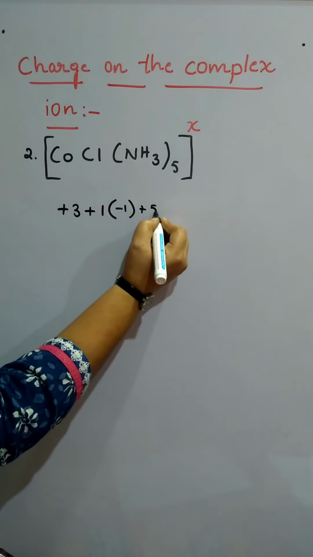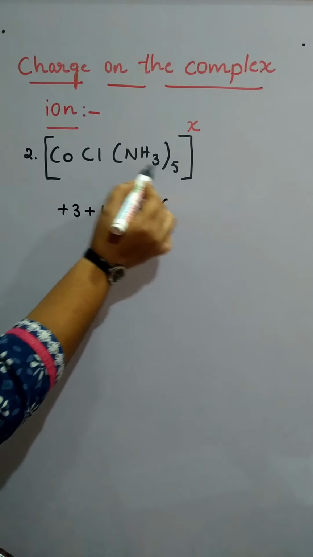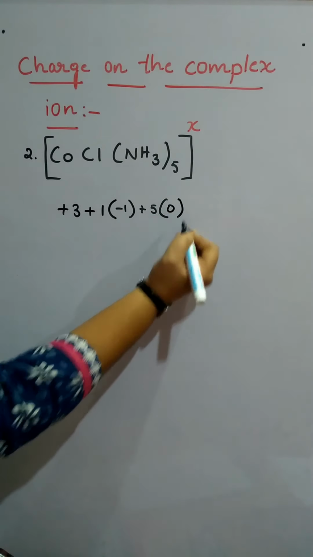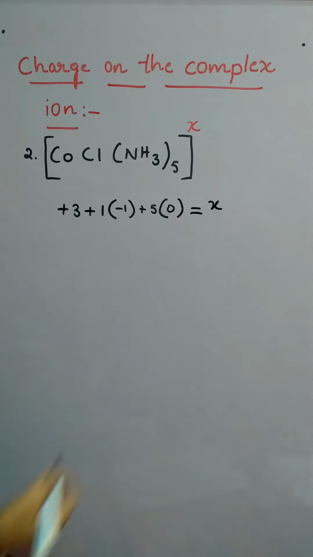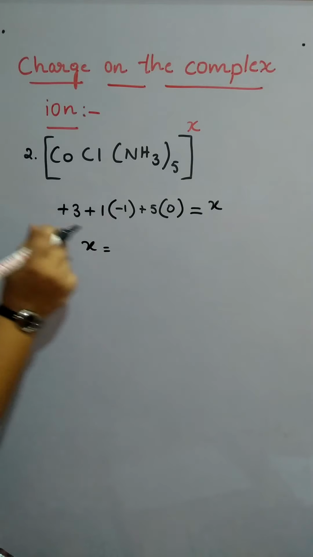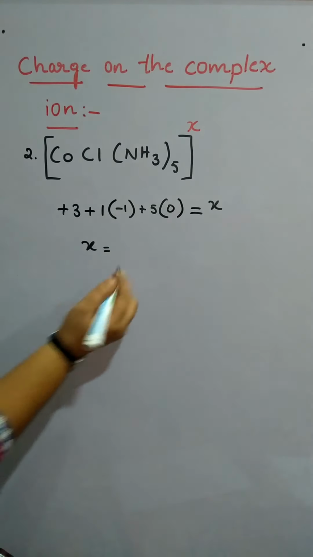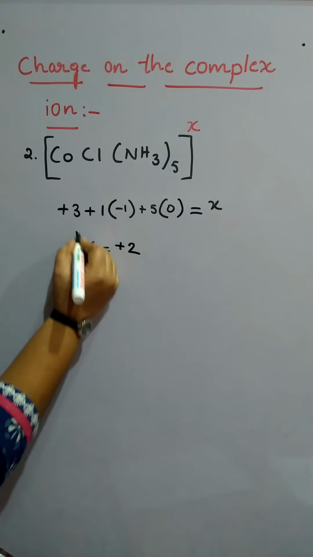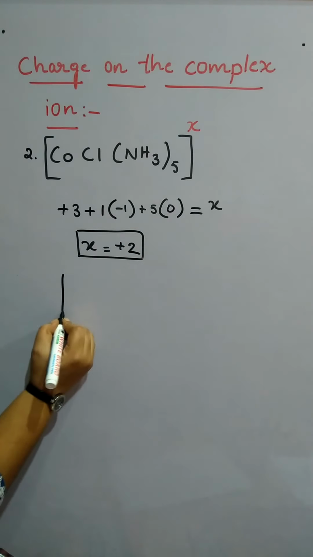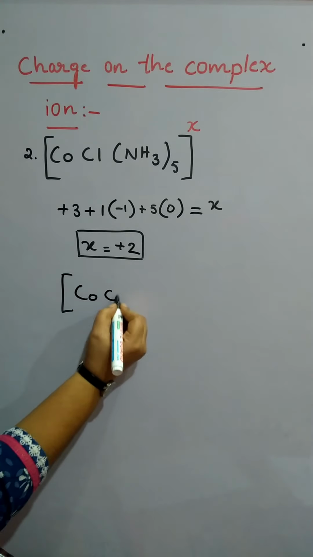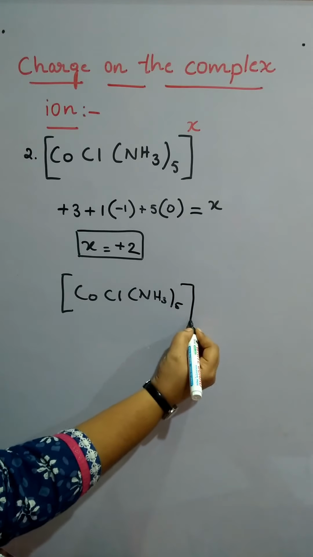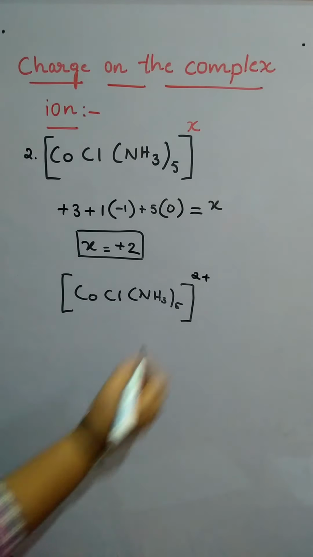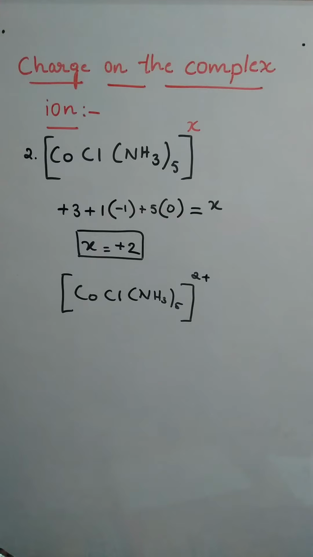We have 5 ammonia, but each one has 0 charge because it is a neutral ligand. That equals X. So X is +3 - 1, which is +2. So the charge on the complex becomes [Co(Cl)(NH3)5] 2+. I hope it is clear. We shall move on to the next one.